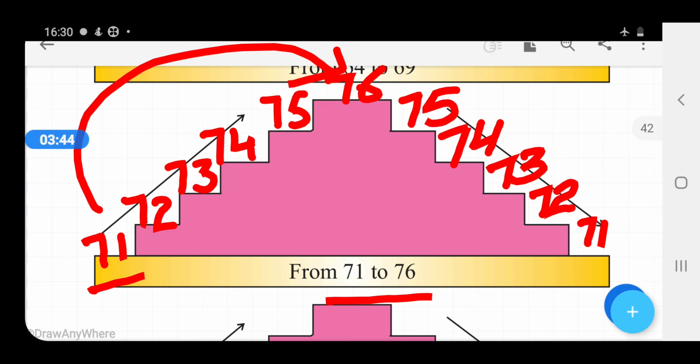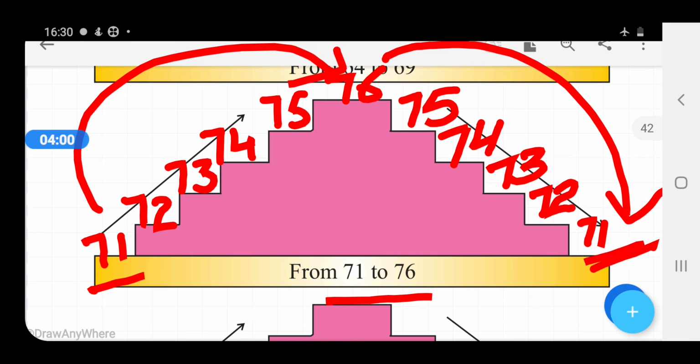Okay, and it is the descending order of numbers because we have arranged the numbers from greater to smaller. Okay, good.